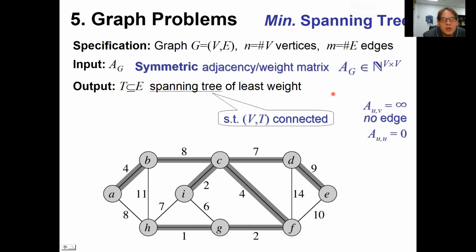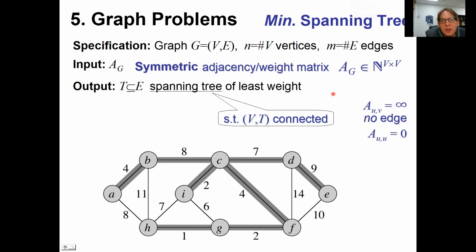We'll repeat that important observation. If we have a connected spanning subgraph of least weight, then that will be a spanning tree. What's the subtle difference? The difference is that a tree, in addition to being a connected subgraph, is also required to be acyclic, to contain no cycle.